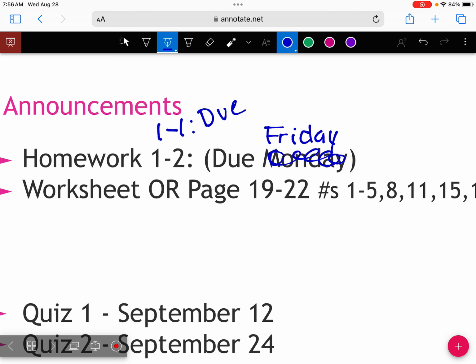Homework 1 is due tomorrow. What we did today is homework 2. We are also going to talk about the last 3. You can do everything up to the last 2 here with what we did today. We're going to talk about those last 2 tomorrow. So if you do what you can today, tomorrow you'll only have 2 math problems to do, and then you'll be done with the homework.